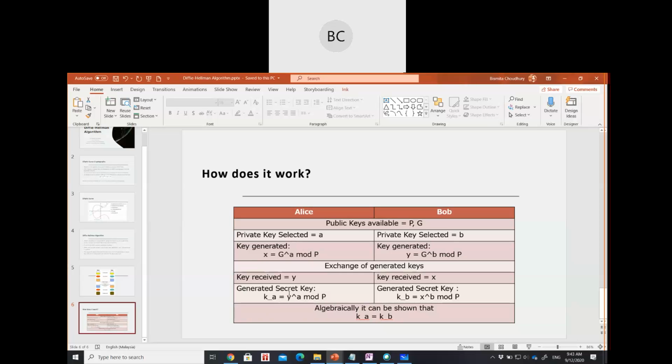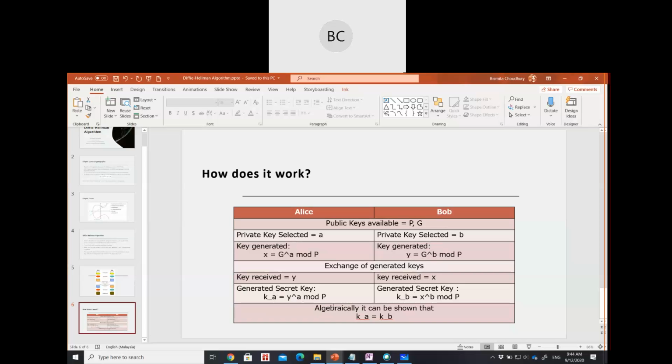They will use Y, the received key, and again use their own private key to find the key. Similarly, Bob will also use the received key and his own secret key to generate another secret key.